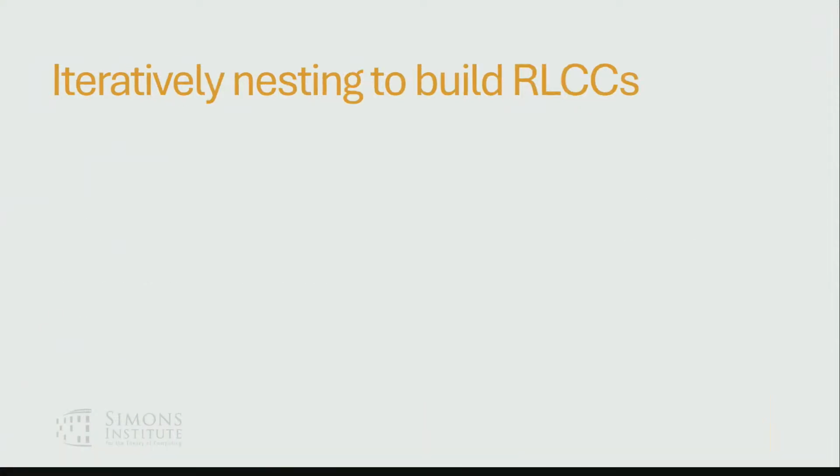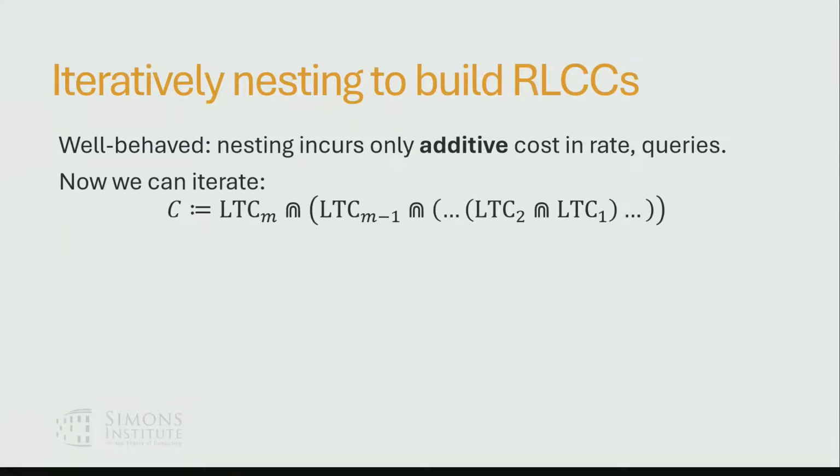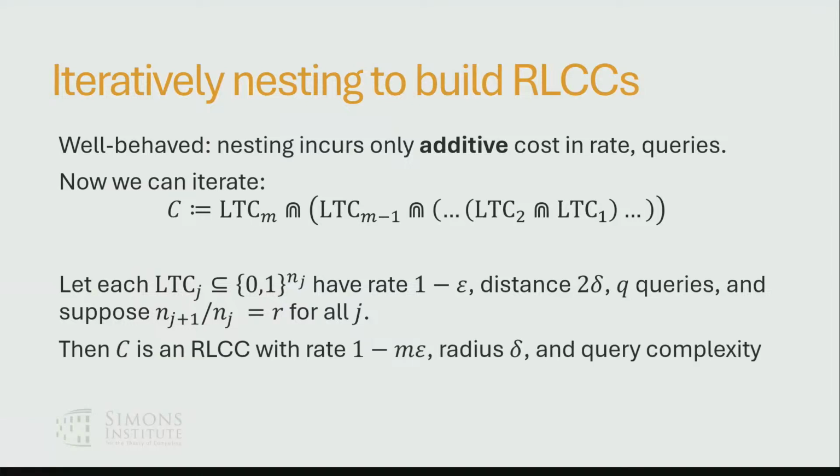Great. Right, so nesting is super well behaved. The queries go up by an additive amount, and the rate goes down by an additive amount. So now, as promised, let's iterate on this operation. If we have this family of m LTCs, LTC1 through LTCm, and if each of them has the same rate and the same distance and the same query complexity, and if each successive LTC's block length grows by this fixed factor r, then the constant rate will add.